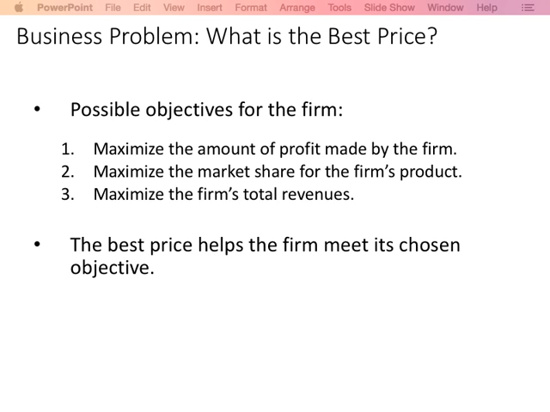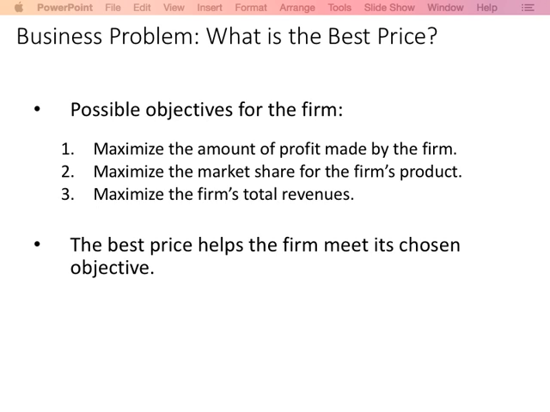Okay, so the business problem that we're going to look at is how should we price our products, or what price is best for our product. So assume you launch your product, and what's the best price? And another thing we have to know, as a business, is what we are going to do. Should we maximize the firm's profit, or the firm's market share, or the firm's revenues?